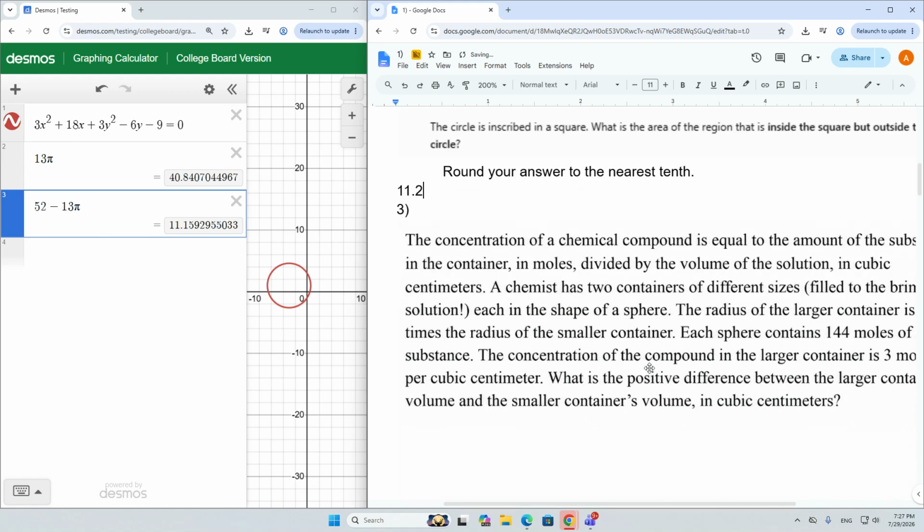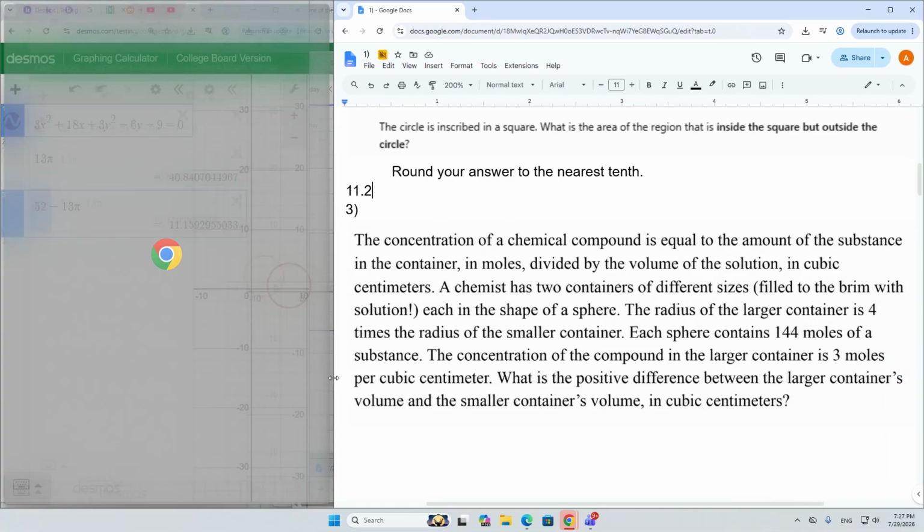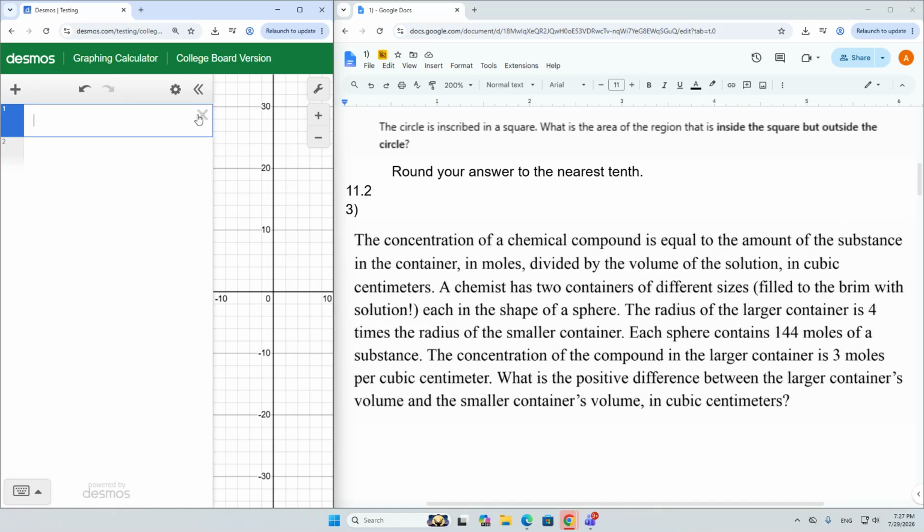Okay, good. All right, we just got to set this up carefully, guys. We have a concentration of a chemical compound is equal to the amount of a substance in the container in moles. So let's do that, guys. Let's do concentration is equal to the moles divided by the volume, right?